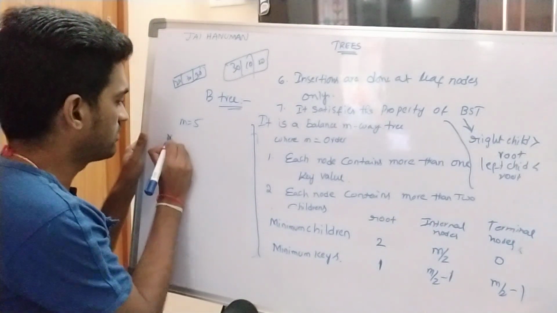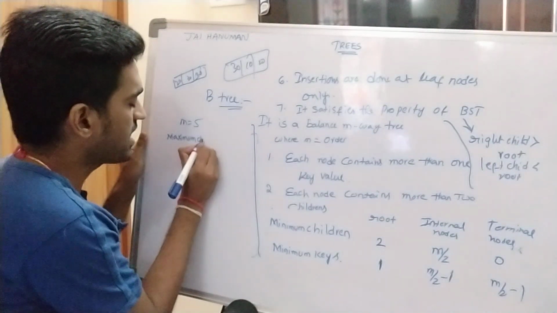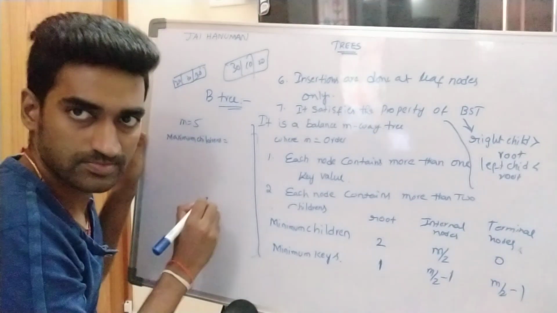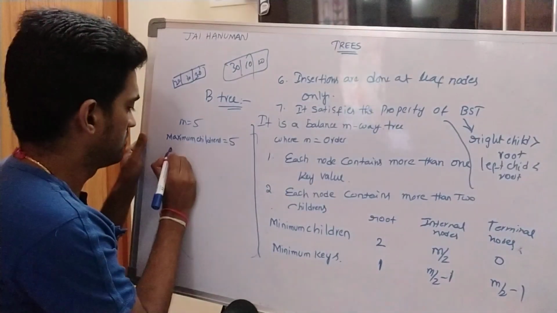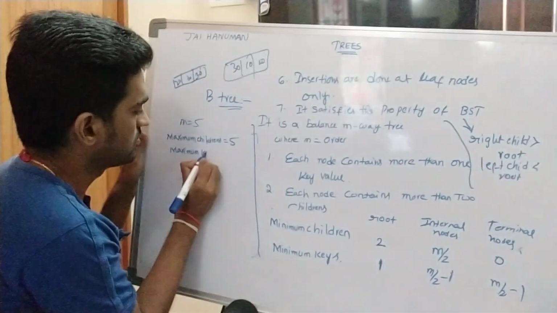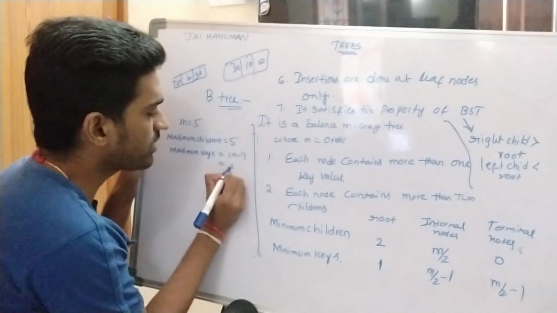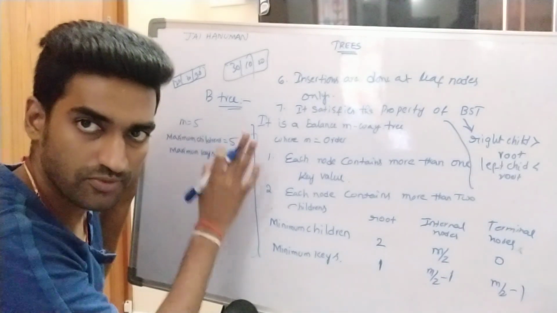First, maximum children are m, which is 5. Maximum keys for each and every node is m minus 1, which is 5 minus 1, 4.